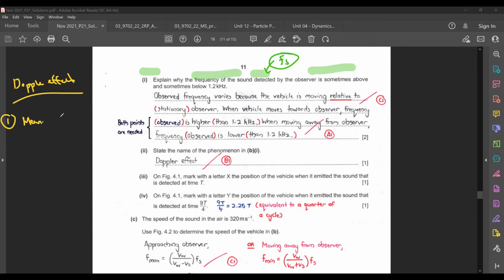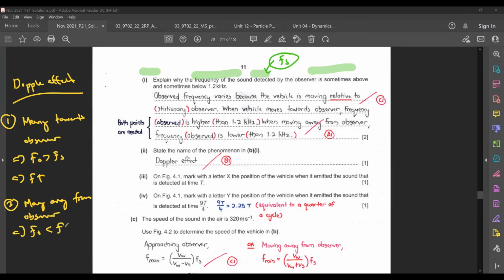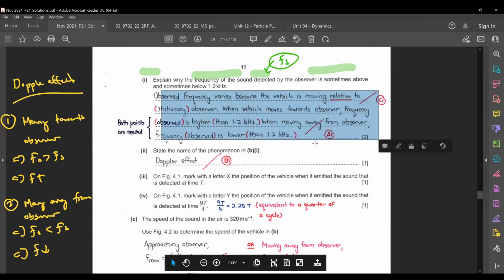If it's moving towards the observer, the observed frequency is more than the source frequency. Basically, frequency increases. But when moving away from the observer, your observed frequency is less than your source frequency. Your frequency is observed to have dropped. And this is what is being described here.